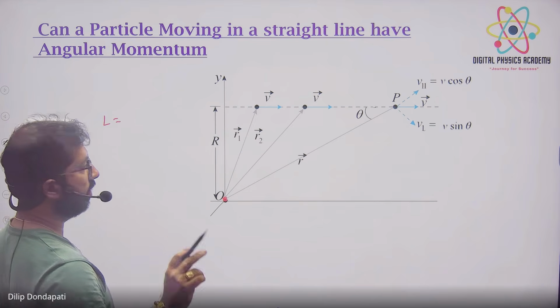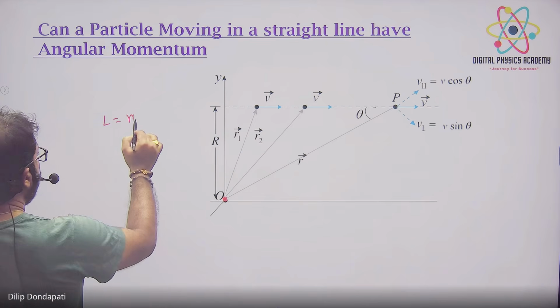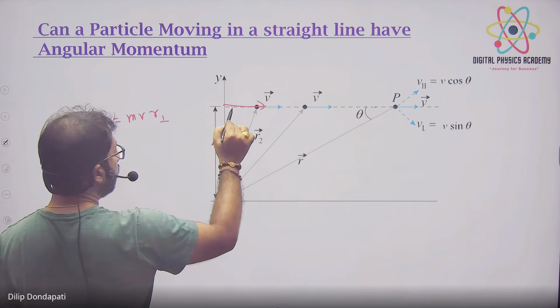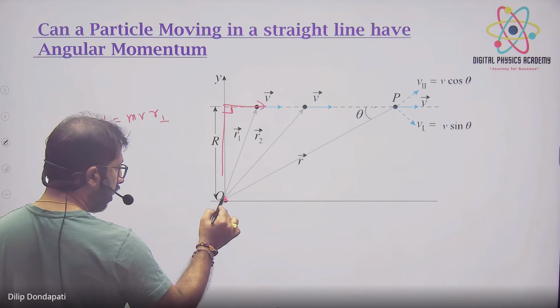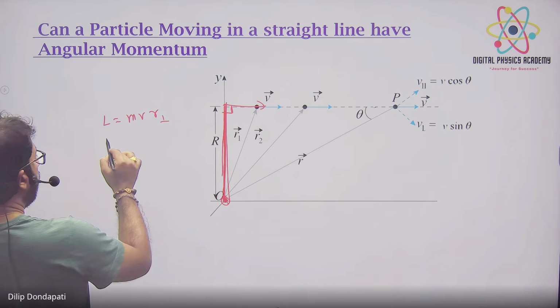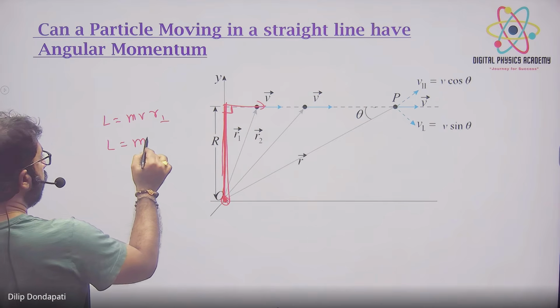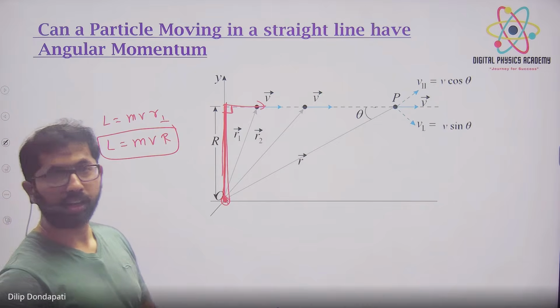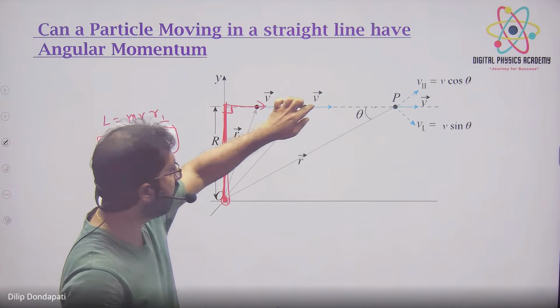Correct, because we can use mvr perpendicular. देखो momentum से perpendicular distance is this one, with respect to this point. These are perpendiculars. That means L = mvr perpendicular. Whether magnitude is same or not, in all cases particle is here, here जा रहे हैं.